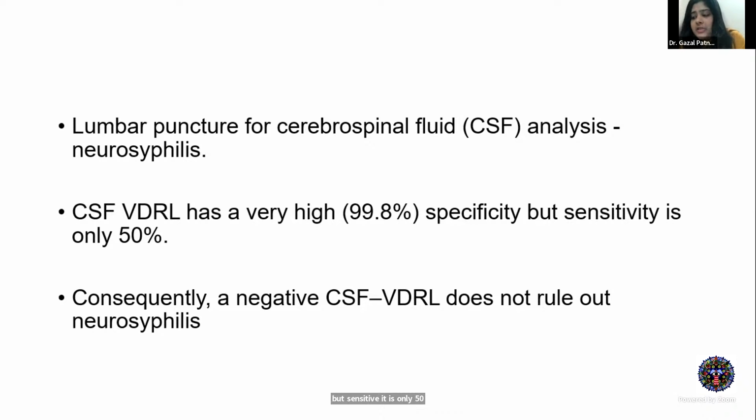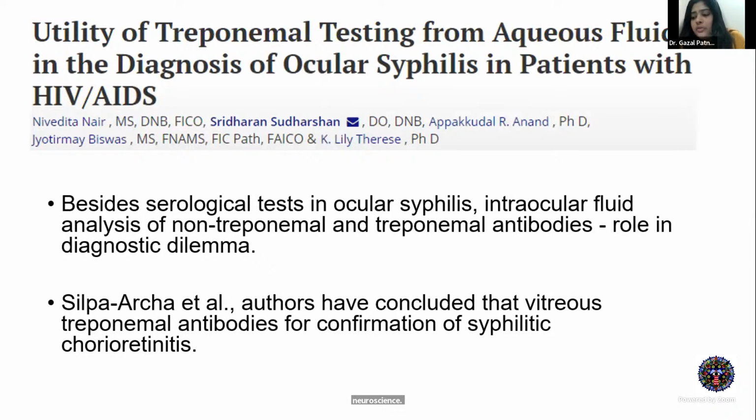Consequently, a negative CSF does not rule out neurosyphilis. Besides the serological tests, intraocular fluid analysis has also been evaluated in cases of diagnostic dilemma, and Shipra et al. have concluded that vitreous treponemal antibodies can act as a supplementary test to serology for confirmation of syphilitic choroiditis.